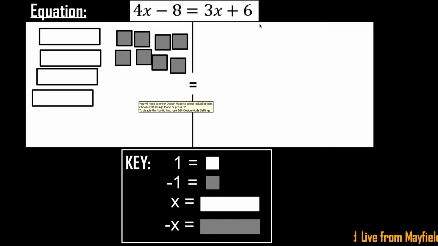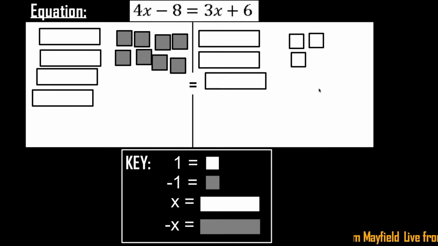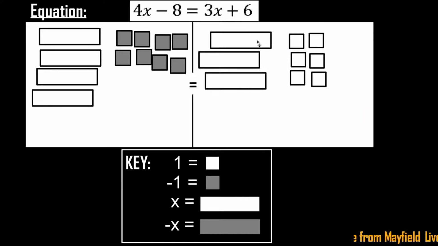On the right side, I have 3 positive x's and 6 positive 1s. Notice that these are different ideas. This is 1 positive x, and this is 1 positive 1.